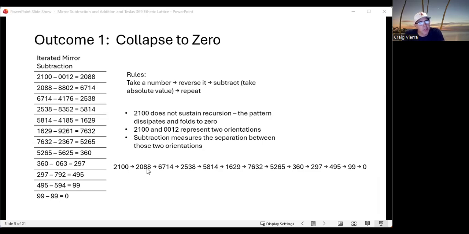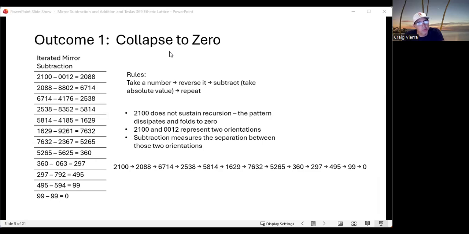I wrote this out here so you can see this as it will fold into this zero as you see it go through its mirror. So this is mere subtraction. Now this is the collapse to zero, or you could say it's the fold to zero.